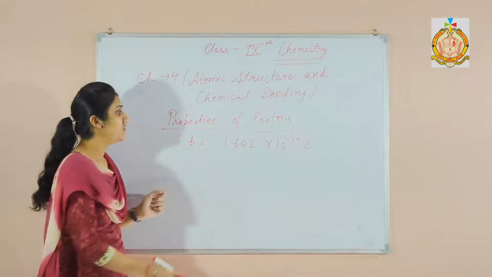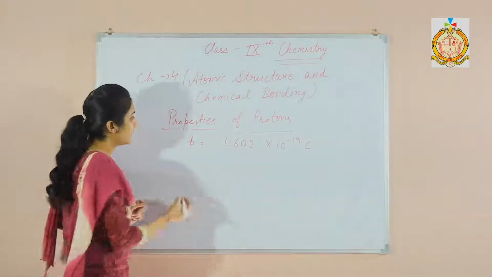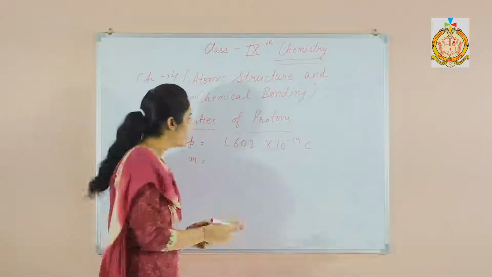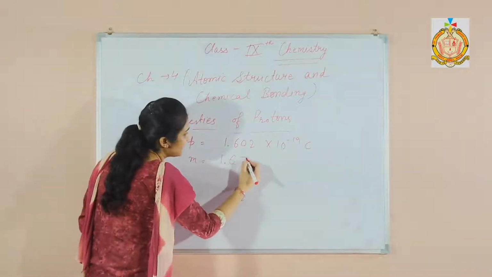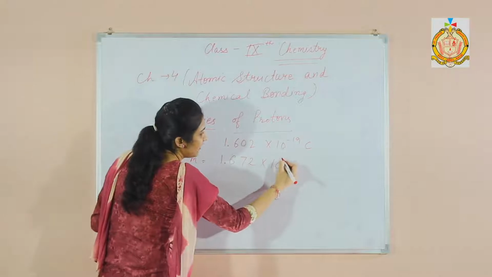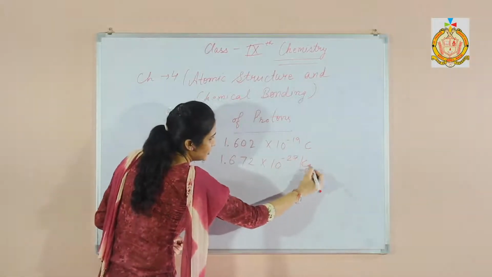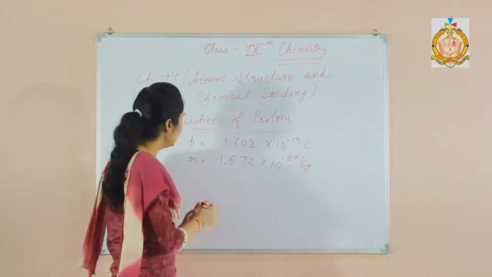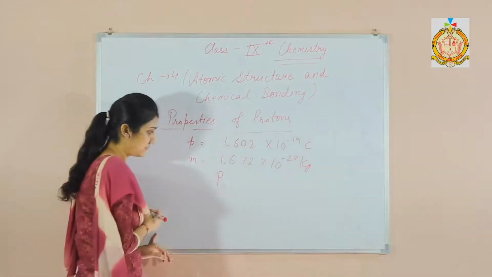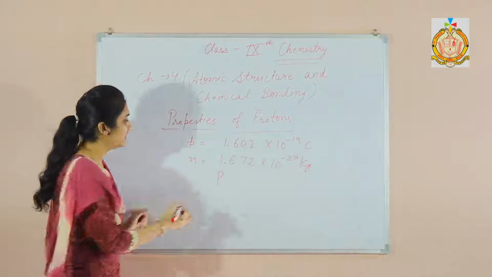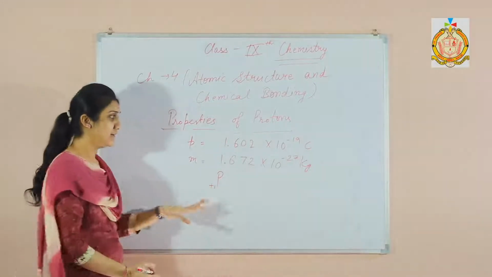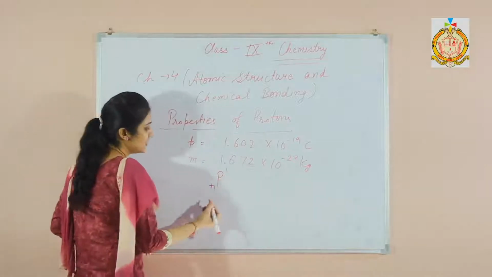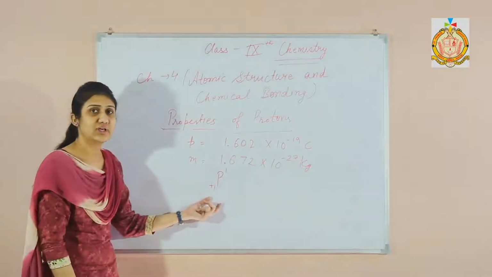In the case of the electron, you have to put the minus sign here. And the mass of the proton is equal to 1 AMU, that is 1.672 into 10 raised to power minus 27 kg. Okay, and proton is denoted as capital P, and its charge is plus 1, so writing here plus 1, and it has the mass 1 AMU, so writing mass on the superscript. So in this way we denote the protons.